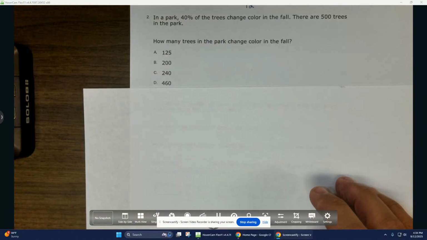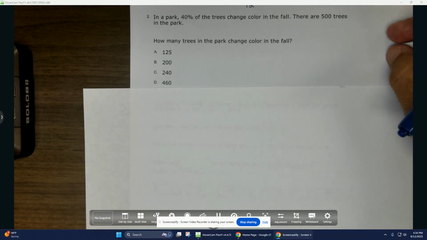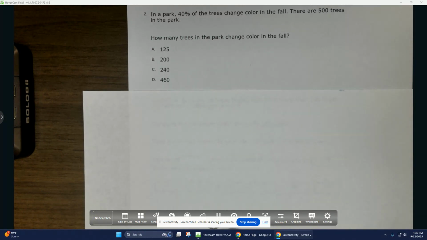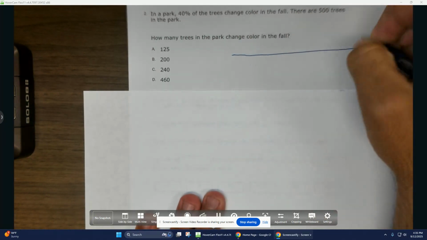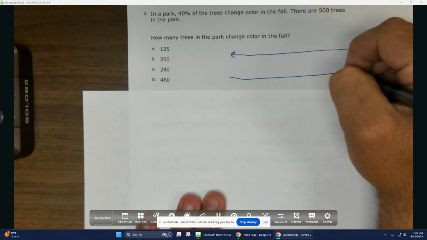In a park, 40% of the trees change color in the fall. There are 500 trees in the park. How many trees in the park change color in the fall? So once again, start with your double number line, and we're going to go ahead and label the given information.